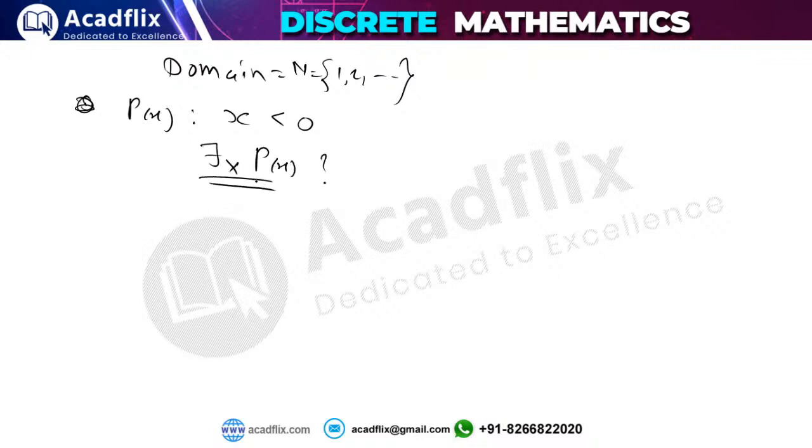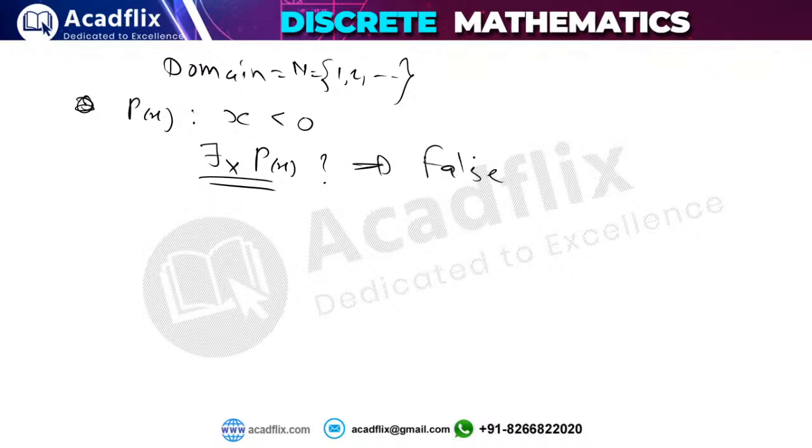What will be the truth value of there exists x P(x)? You can try. The truth value of this there exists x P(x) will be false.